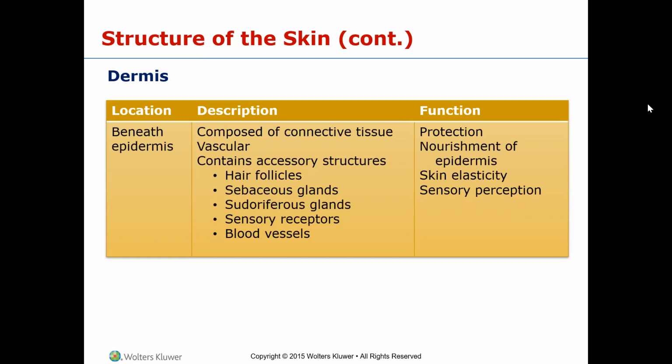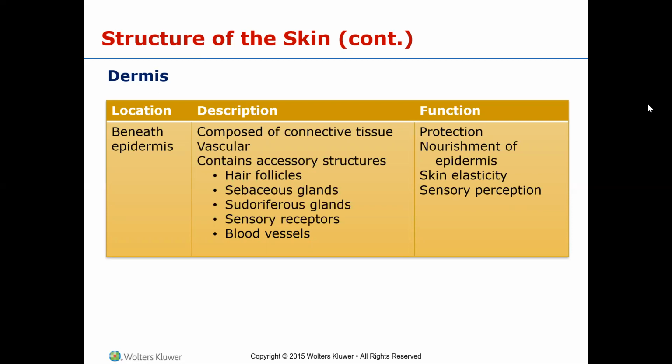But this is where we have vascularization, which means blood vessels are traversing through this layer. It also has many accessory structures, such as hair follicles, sebaceous glands, sudoriferous glands, which are sweat glands, some sensory receptors, as well as other kinds of blood vessels there that are associated with the accessory structures.